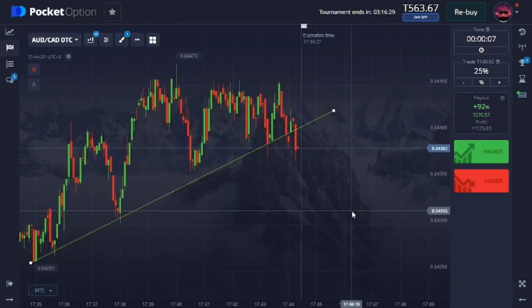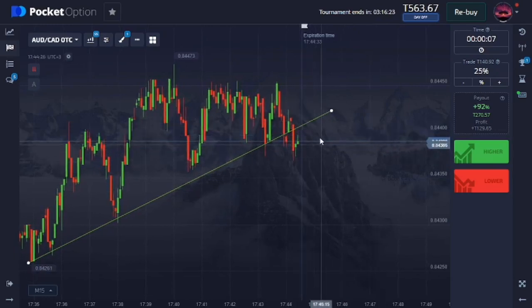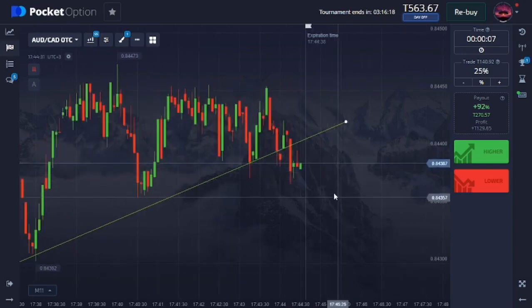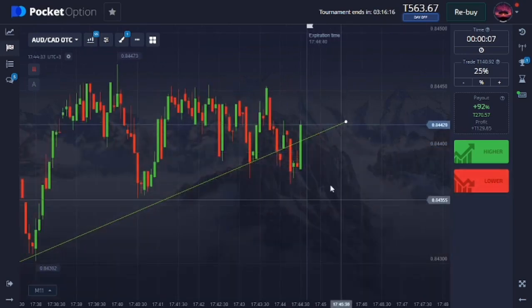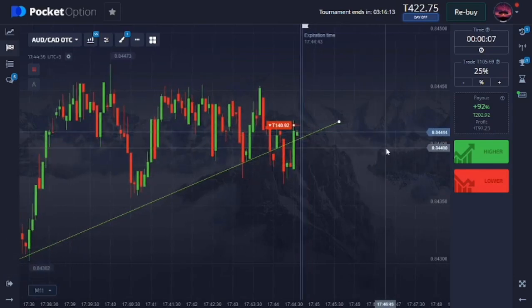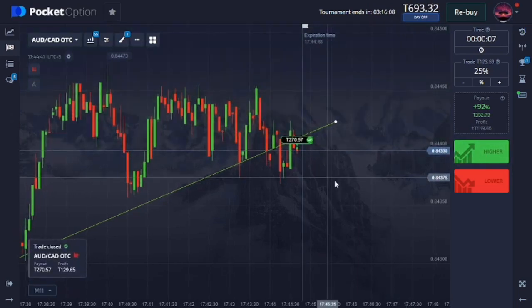Okay, finally we broke it. All we want is a retest. The price has to test this trend line. Test it. Go up. Up. No way. Thank you. Oh my goodness. That is a huge candle. Oh my lord.